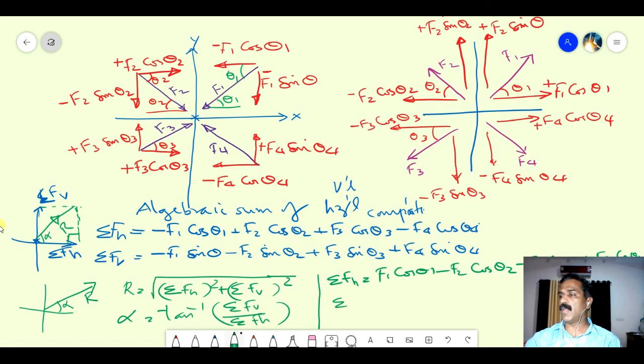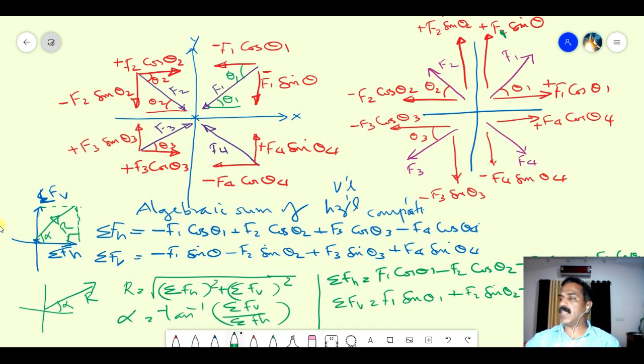and sigma Fv is equal to, this is F1, isn't it? So F1, vertical components are sine components, F1 sin theta 1 plus F2 sin theta 2, then minus F3 sin theta 3, then minus F4 sin theta 4.